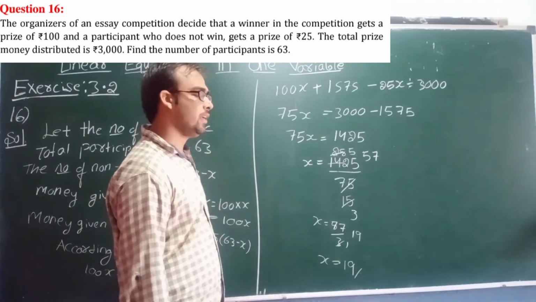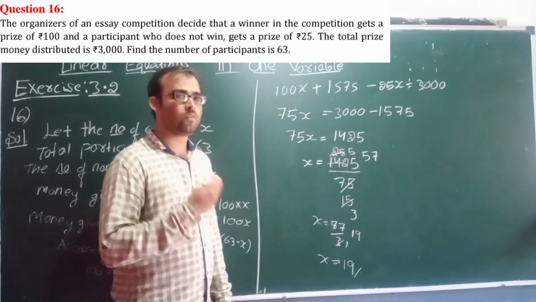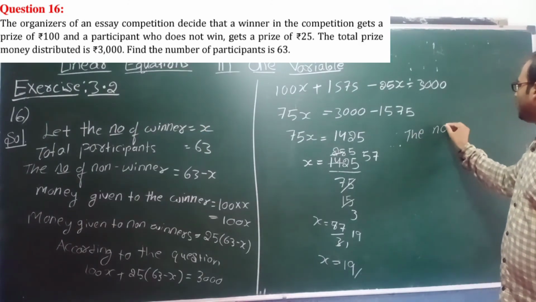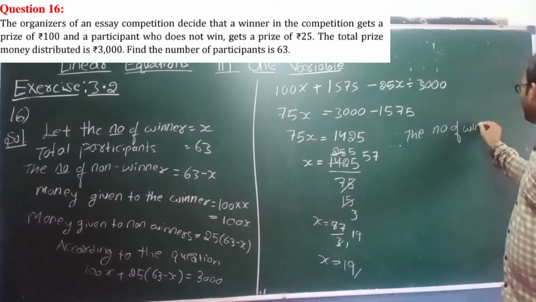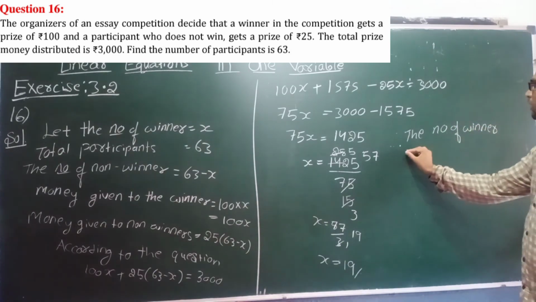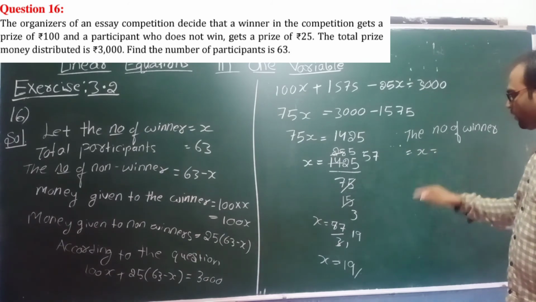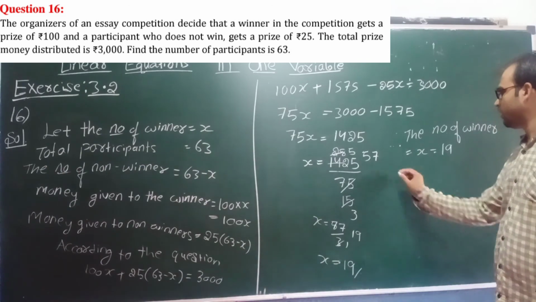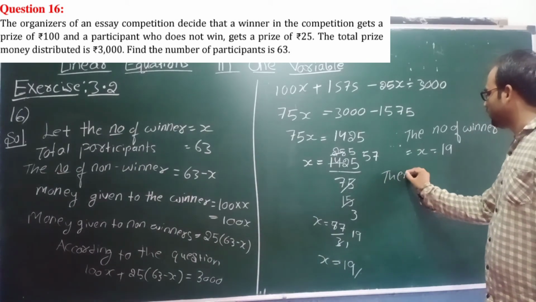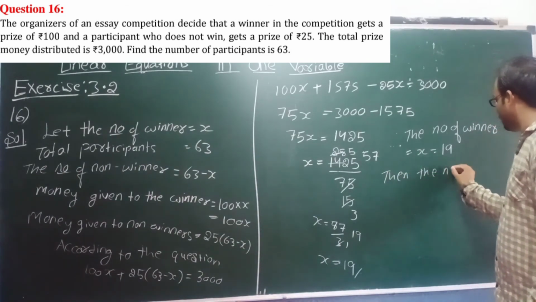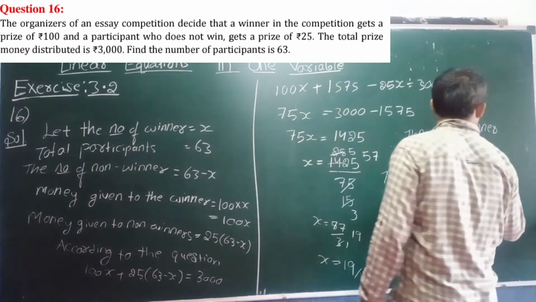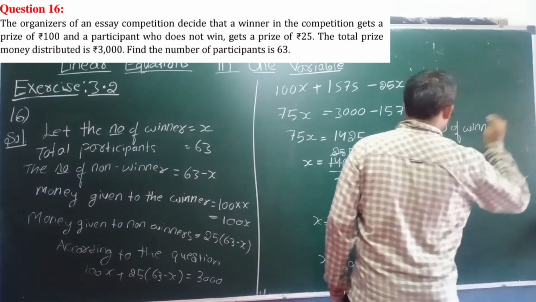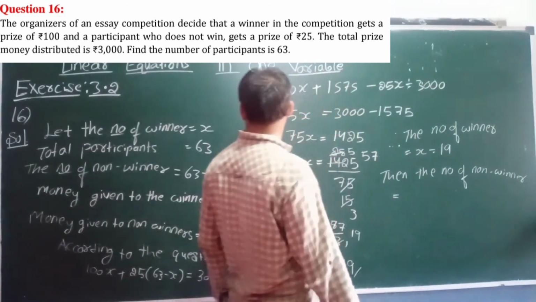So now what we need to find? The number of winners as well as the number of non-winners. So we can write, therefore the number of winners equals x, which is how much? 19. Okay. There are 19 winners. Then the number of non-winners equals, how many non-winners are there?